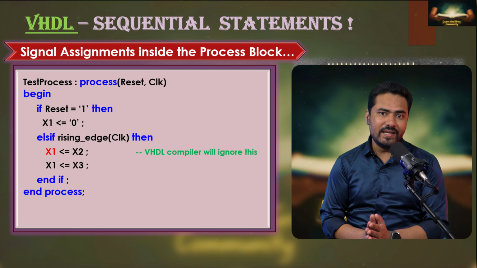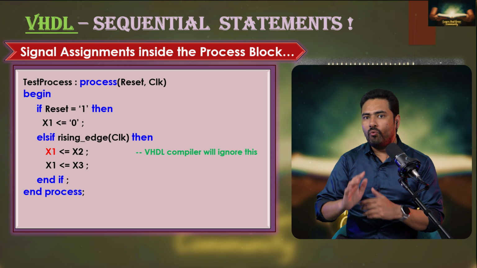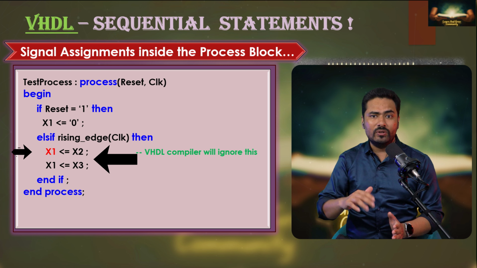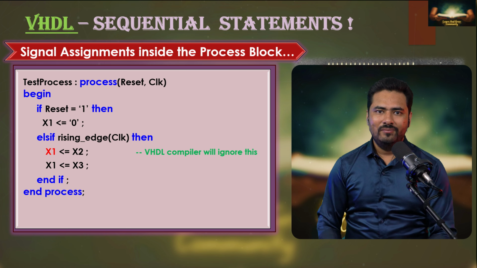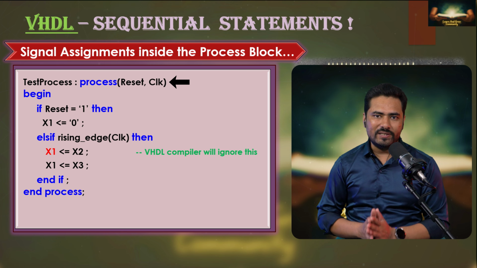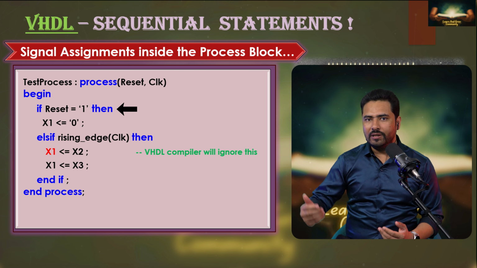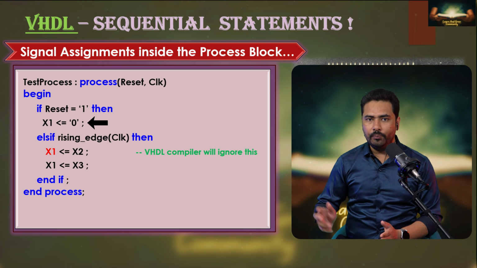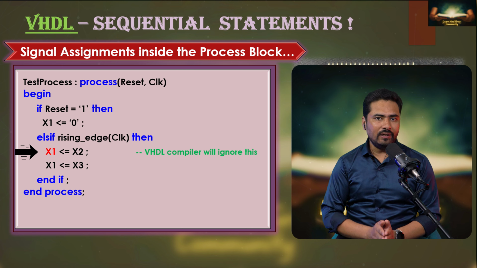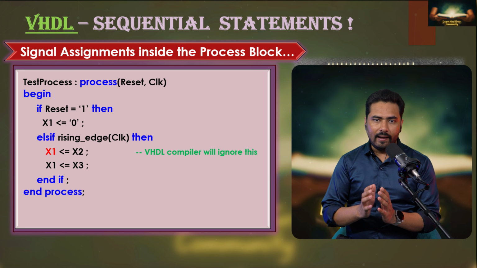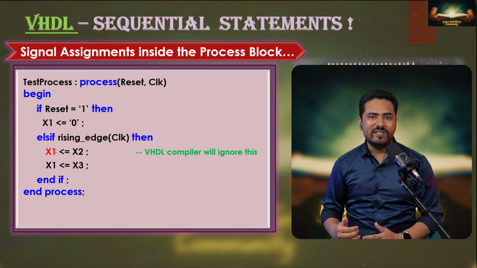Now, this is the last example for this video, and I want you to try to understand what will happen if you have two assignments to the same signal. Suppose we are writing code like this: test: process (reset, clock) begin, if reset equals 1, then X1 is 0, else if rising edge of clock, then X1 gets the value of X2, X1 gets the value of X3, end if, end process.